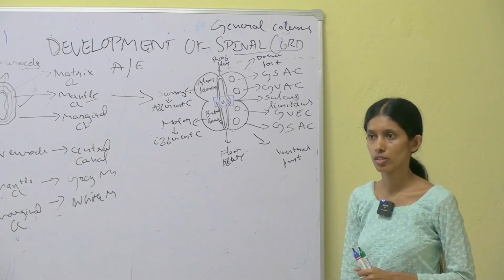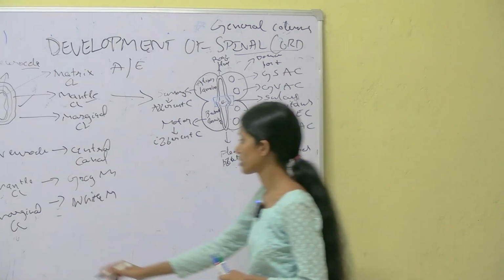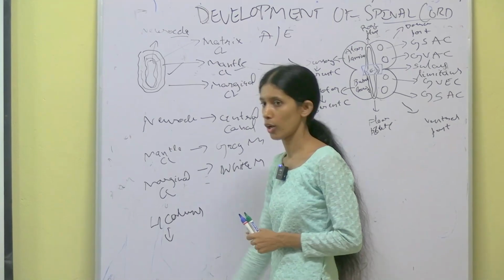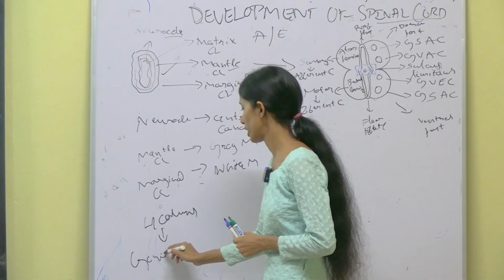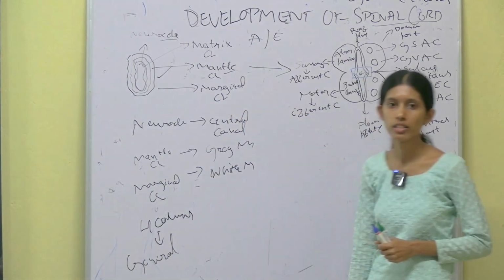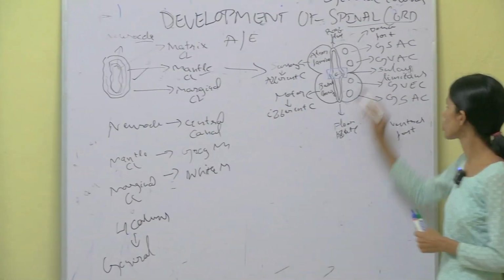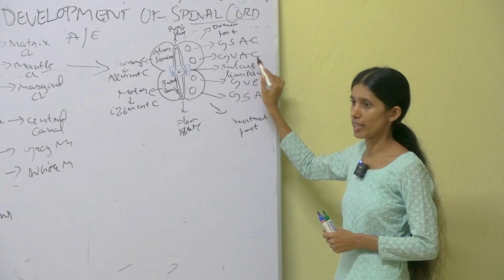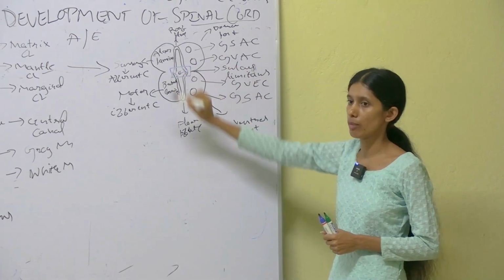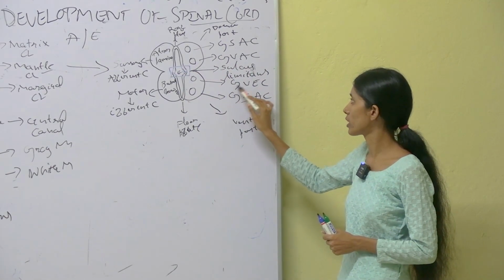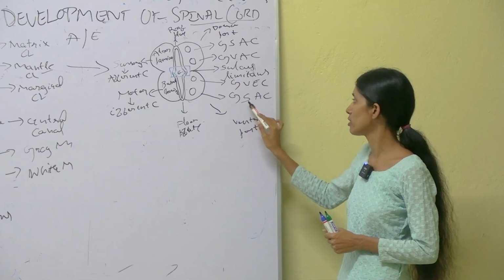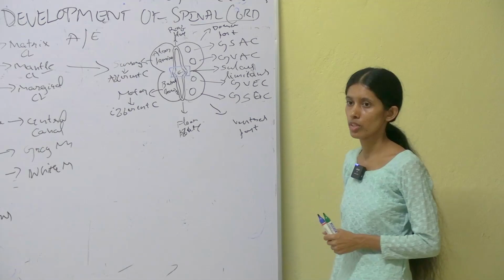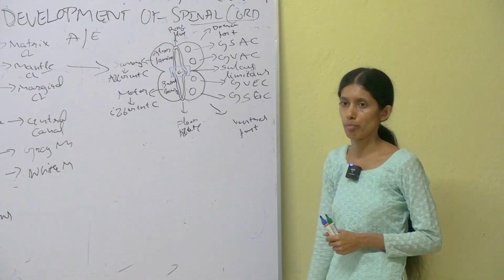Any doubts in this? So, in your spinal cord, we can see total 4 columns, and all the 4 columns are general columns. We cannot see any special columns in the spinal cord. The first two are general somatic afferent column and general visceral afferent column, which are present in your alar lamina part, and the other 2 are general visceral efferent column and general somatic efferent column, which can be seen in the basal lamina part.